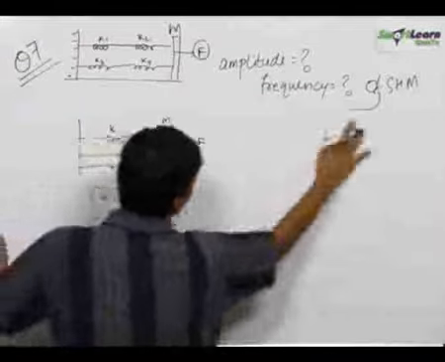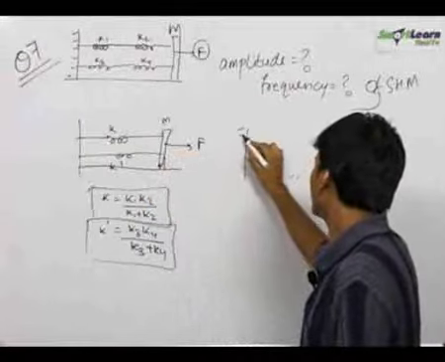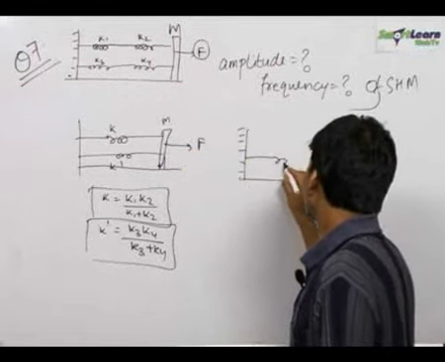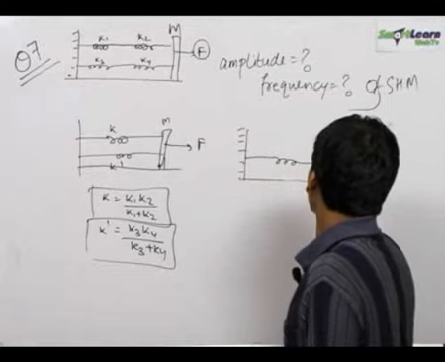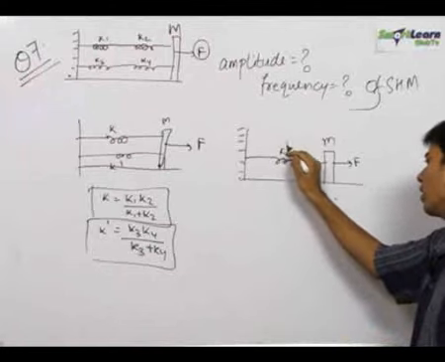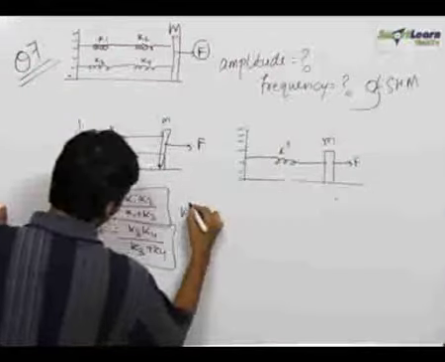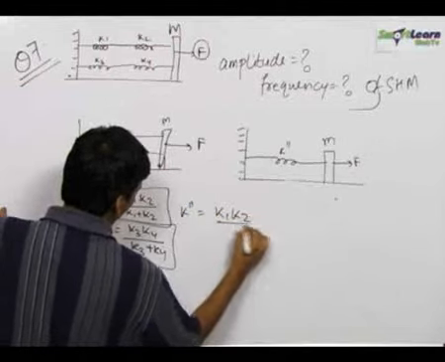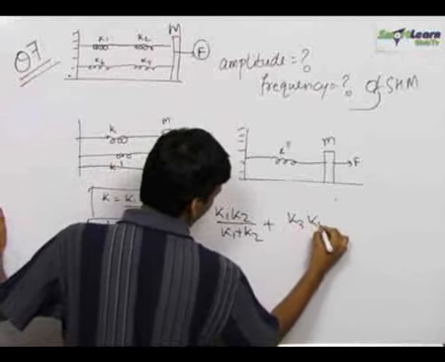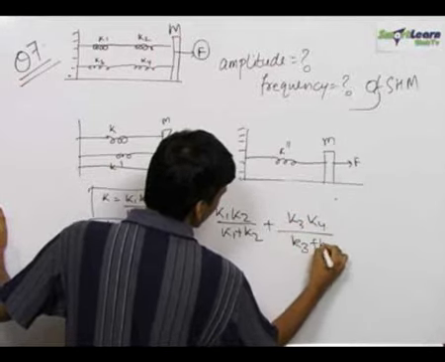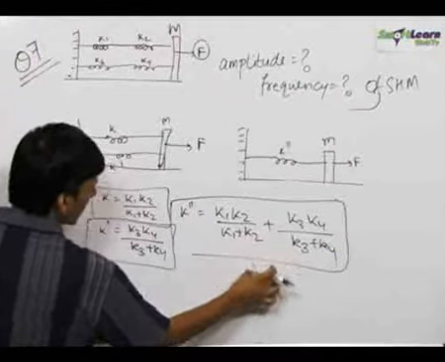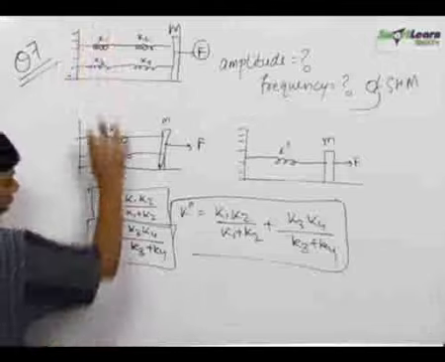So this whole system can be converted to a single spring and a mass with a constant force F acting, where K double dash is equal to K1 K2 upon K1 plus K2 plus K3 K4 upon K3 plus K4. So this is the resultant spring constant of a single spring which can replace all this chaos over here.